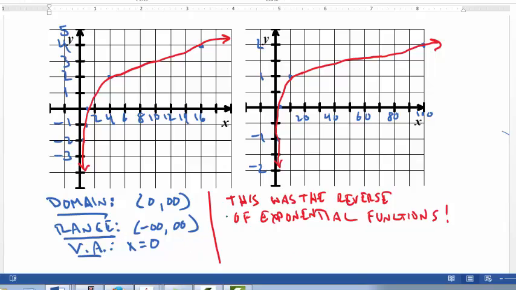For exponential functions, the domain was negative infinity to infinity. And the range was 0 to infinity. And there was actually not a vertical asymptote, but a horizontal asymptote at y equals 0, right? So they just really switched.